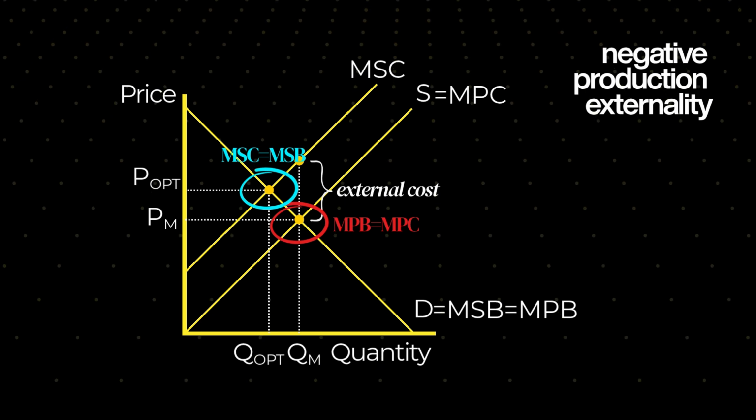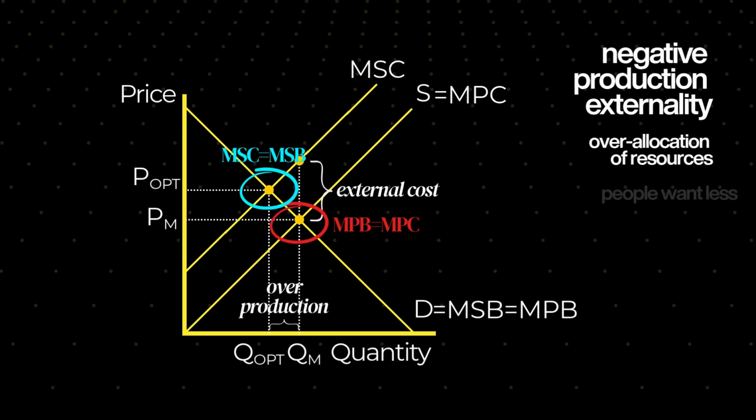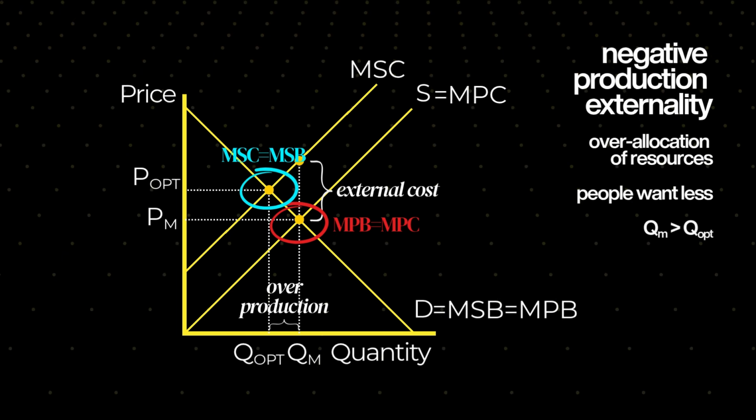By looking at the quantity, we can see that there is an over-allocation of resources going to the production of the good, and too much of it is being produced. In other words, the people want less of it because of the negative effects on society. This is shown on the diagram by market quantity being greater than the socially optimum quantity, and also by MSC being greater than MPB.